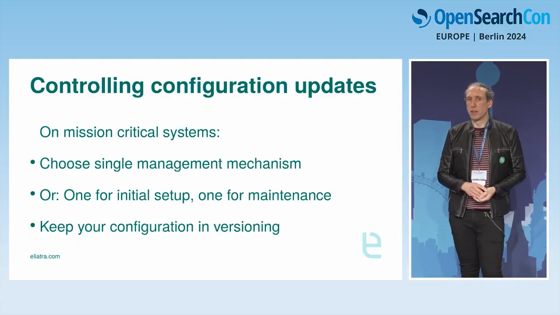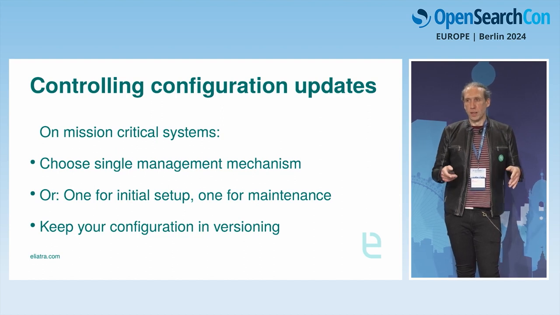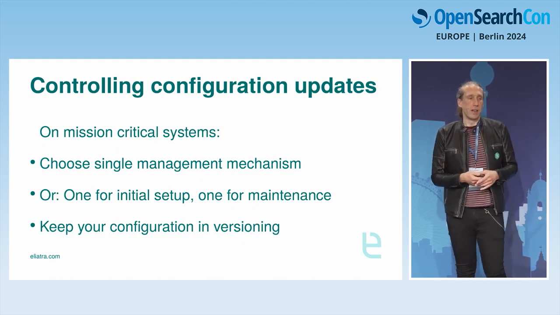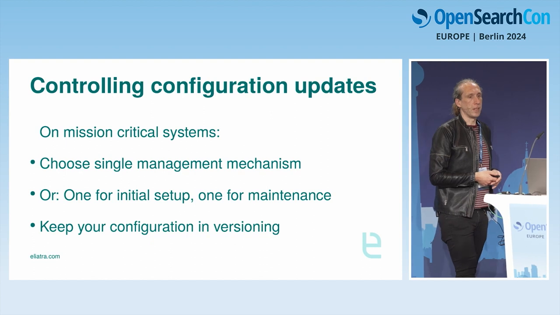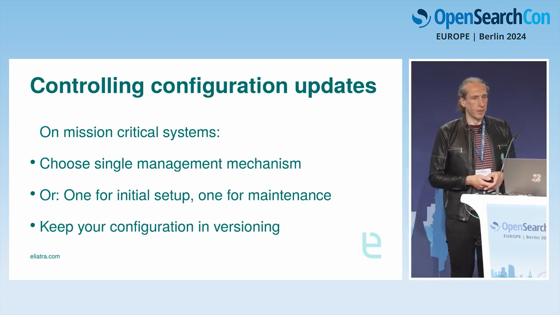And this is something you need to keep in mind if you really want to use the REST API or the Dashboards UI. It might be nice to use a UI, but it certainly will lead into trouble in case you're going to update your cluster centrally.